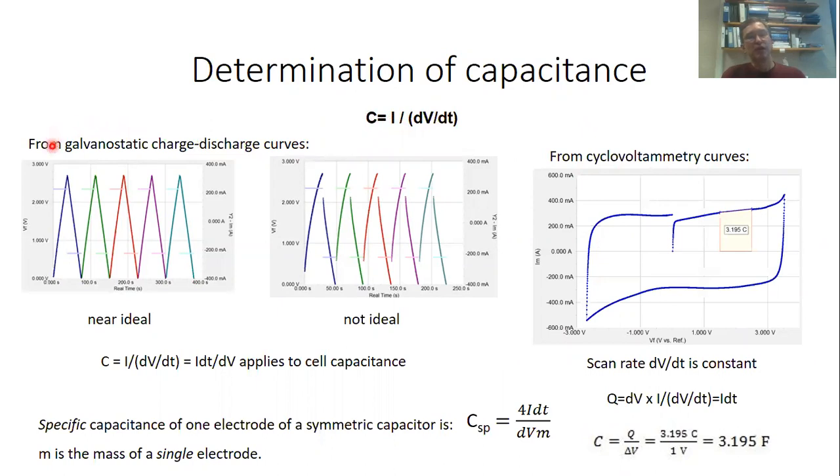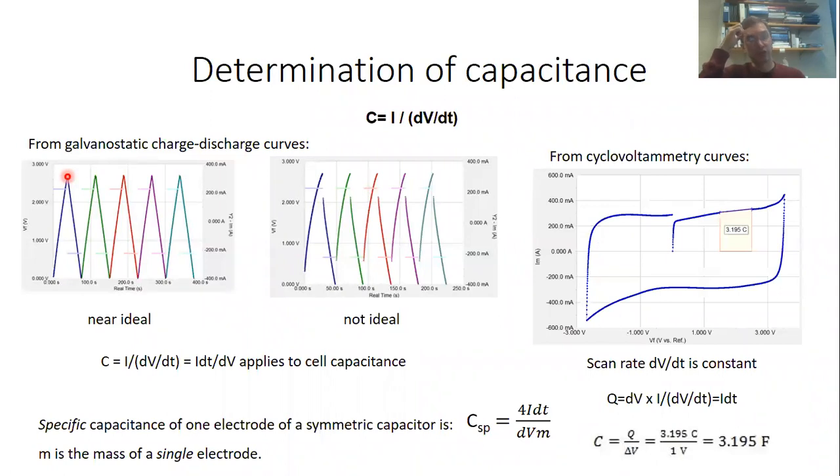So when you collect a galvanostatic charge-discharge curve, then in an ideal capacitor, the voltage changes linearly with the time until you reach the final voltage, for example, 2.5 volts in a capacitor with an organic electrolyte.